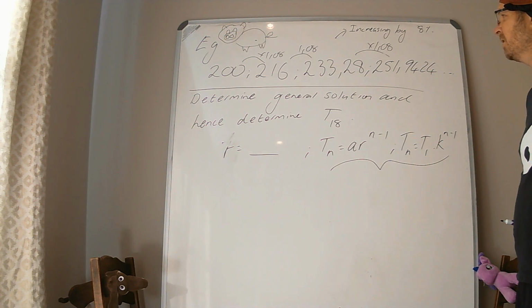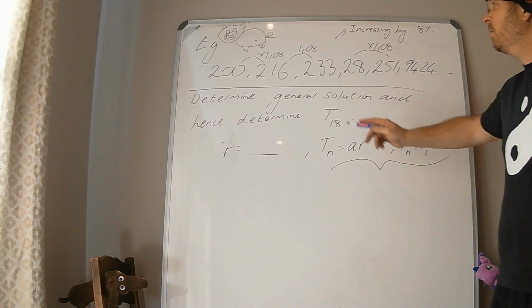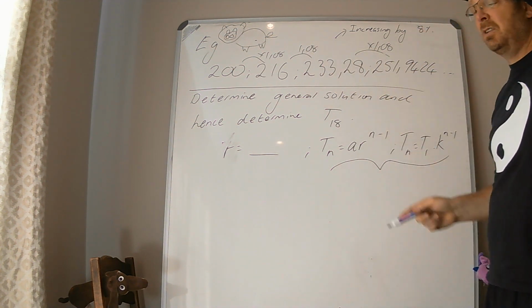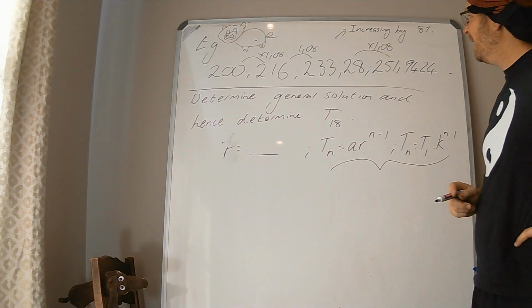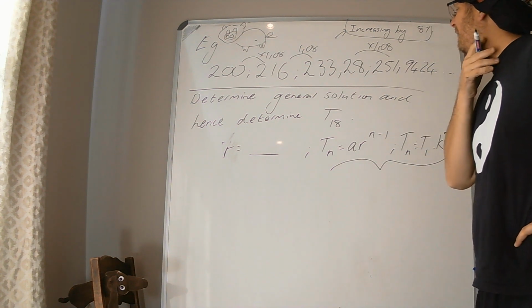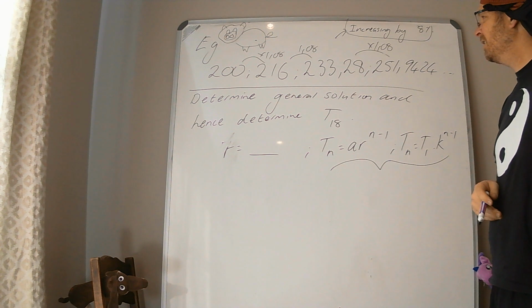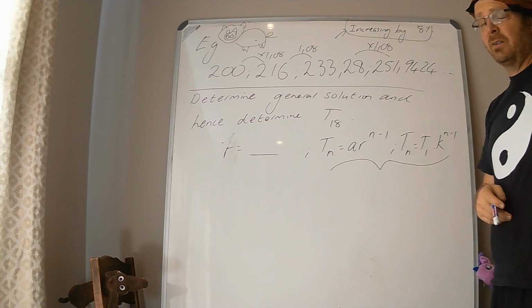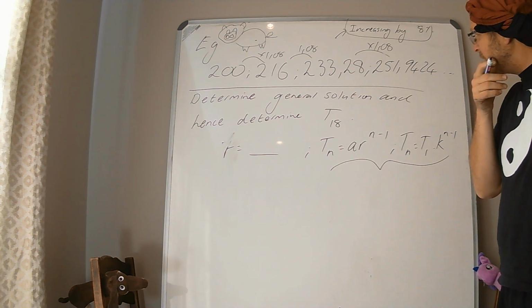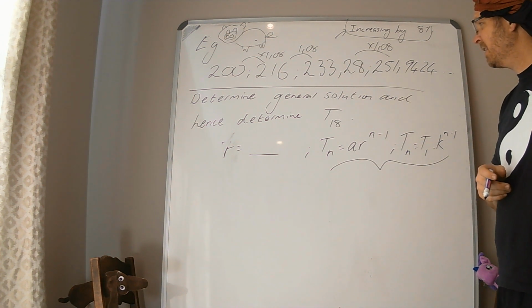We know from the previous question that it's geometric, and to get from one term to the next, you're timesing by 1,08, which has the same effect as increasing by 8%. Last time we did a recursive formula or a first order difference equation. Now we want the general solution or the explicit sequence, and hence find term 18.